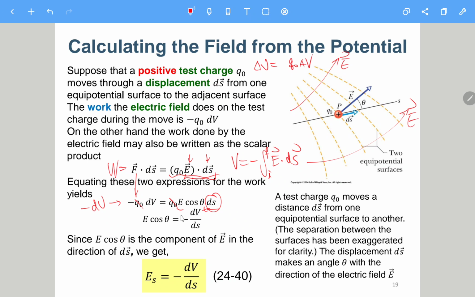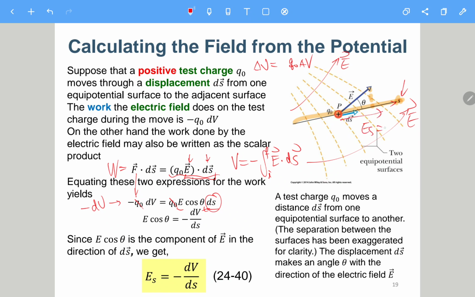Of course, we have a cosine of theta here, but this one is the s-axis. So E times cosine theta is the s-axis component.